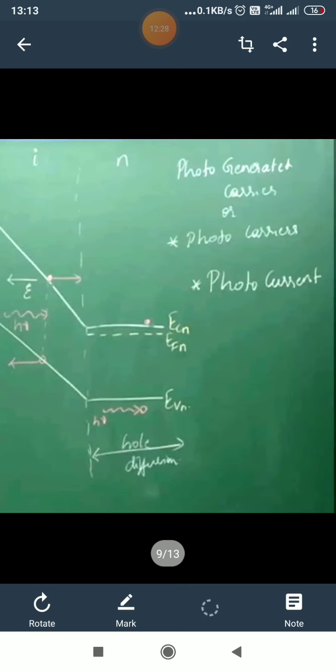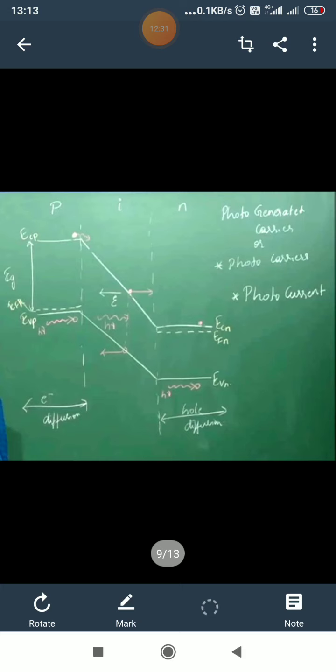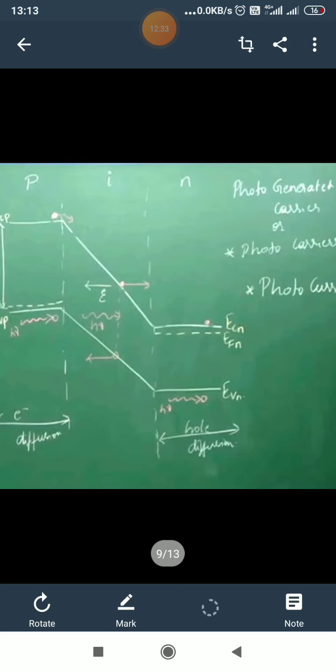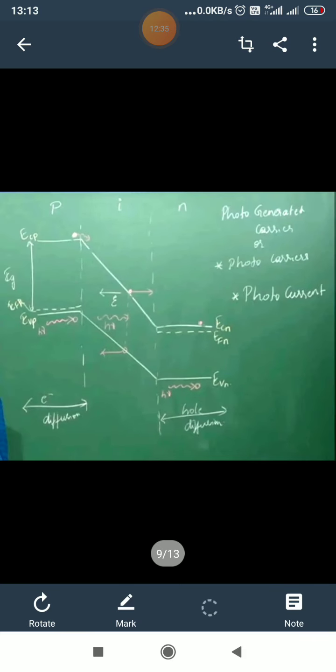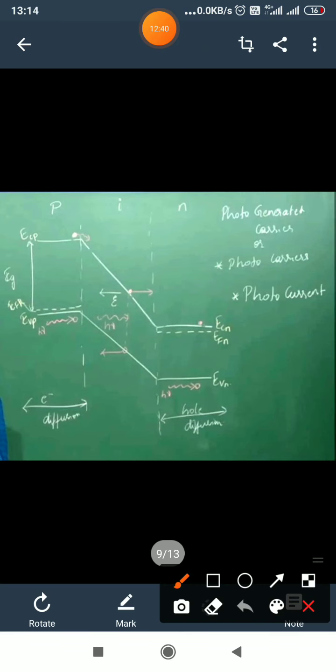Now, photo generated carriers, the key points: the photo generated carriers as well as the photo carriers. What process is happening when light falls on the P, N and I region? The energy carriers are generated. Those carriers we call photo generated carriers or photo carriers.